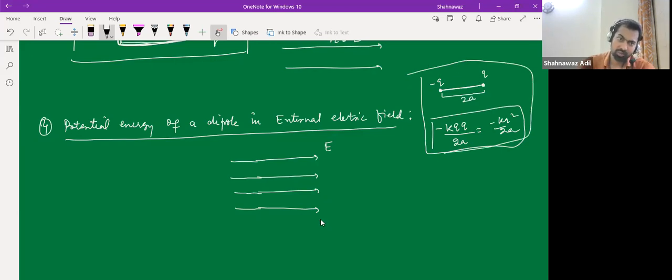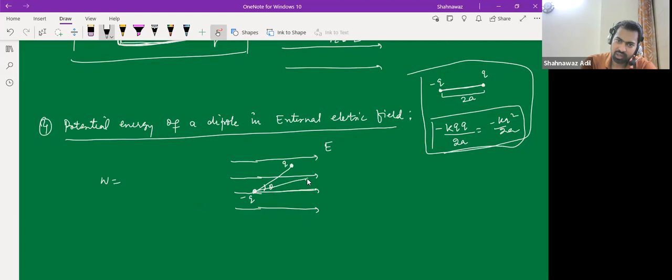Now, what would be the potential energy of a dipole in an external electric field? So we have this dipole, right? And this is minus Q, this is Q. So work done, right? Work done due to this, let's say this is theta.